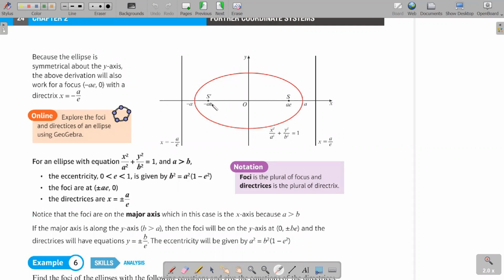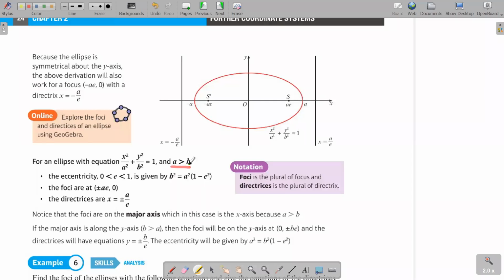Because you don't have just one, you have two. Okay, so AE and minus AE, and you have two directrices as well. Do you see? So x equals AE and x equals minus AE over e. So you have two foci and you have two directrices. Okay, so can you see? Finally, they have given you an ellipse with the equation x square over a square plus y square over b square equals 1. And can you see the extra condition they have given you?